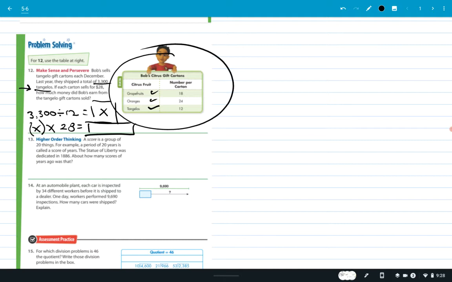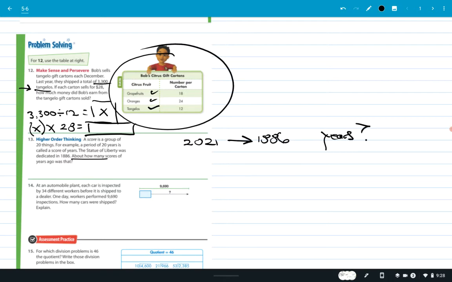So that's approximate: about how many scores of years was that ago? So you're going to have to go back from 2021 all the way back to 1886, and you're going to have to figure out how many years. I'm going to put years, question mark.